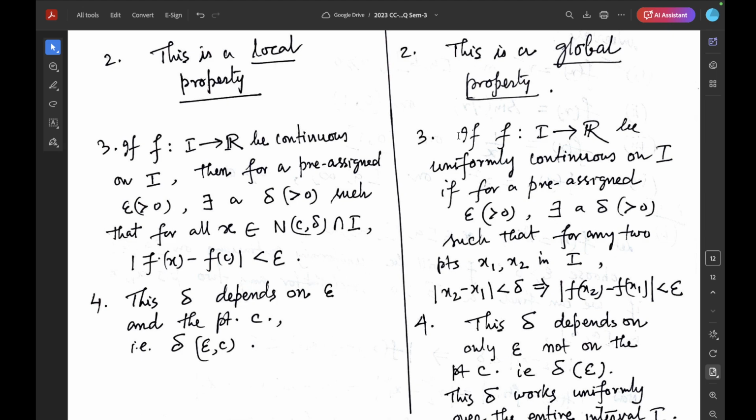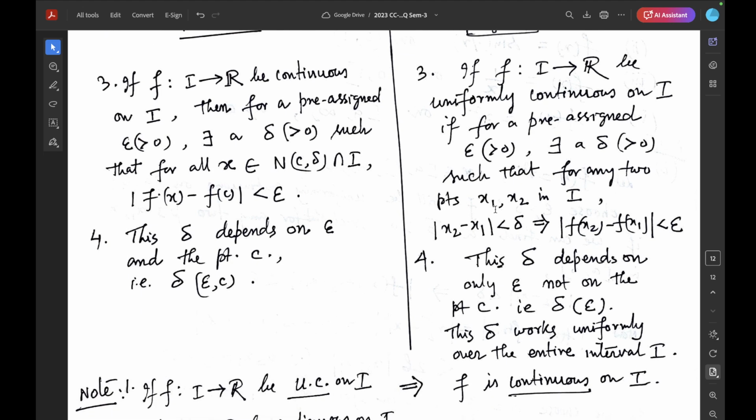Whereas f maps from I to R is uniformly continuous on I if for a pre-assigned positive epsilon there exists a positive delta such that for any 2 points x1, x2 in I, modulus of x2 minus x1 less than delta implies modulus of f x2 minus f x1 less than epsilon. In continuity, delta depends on epsilon as well as the point c.